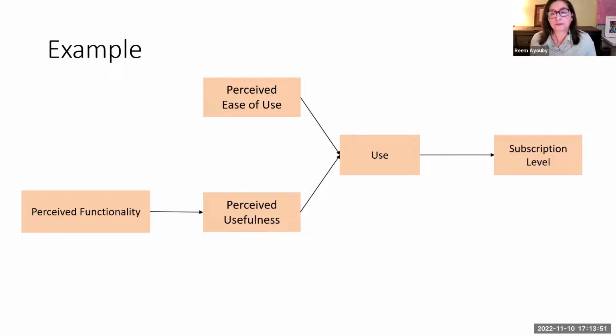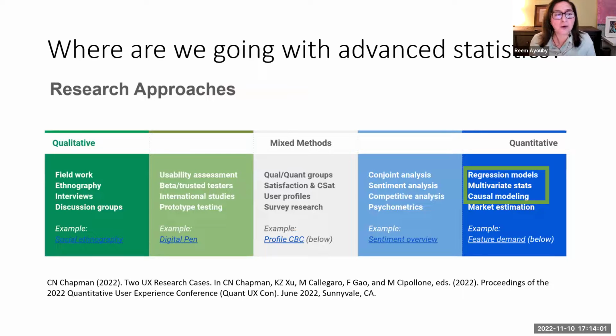And so this is one type of framework, and I just want to highlight the dichotomy again between qualitative and quantitative. So this is taken from Chapman's presentation at Quant UXCon in June.